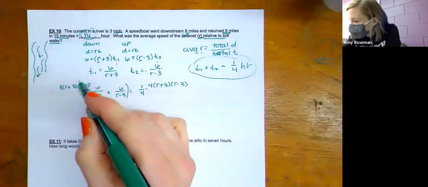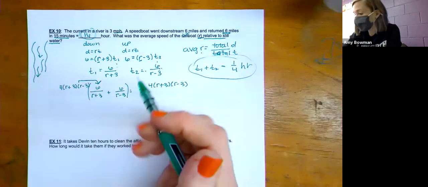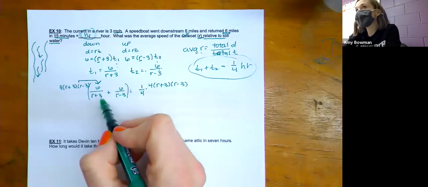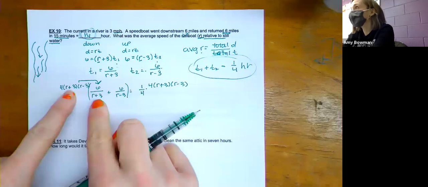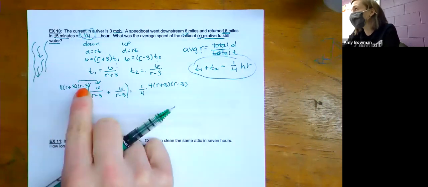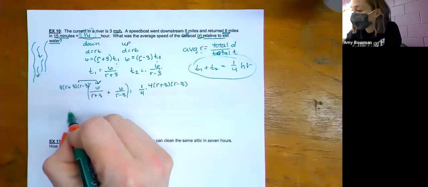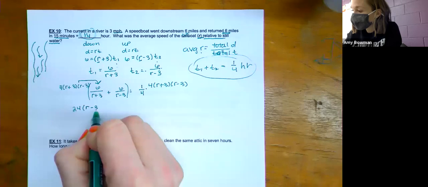When I multiply this by the first fraction, work carefully here. R+3 in my denominator is going to cancel with R+3 in my numerator, leaving just the 4 and the R-3. So it's going to be 6 times 4, which is 24, times R-3.